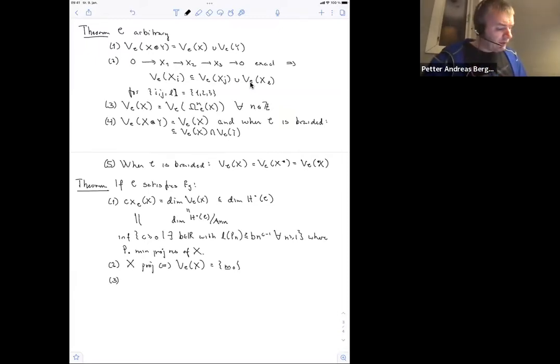You also have realizability. So for all conical subvarieties, meaning that it's the zero set of some ideal, for all such subvarieties, there exists a module having that variety as a support variety. So all possible varieties occur as support varieties.